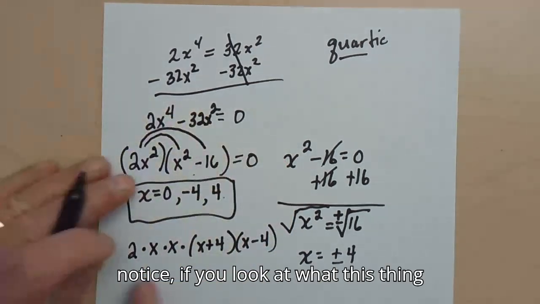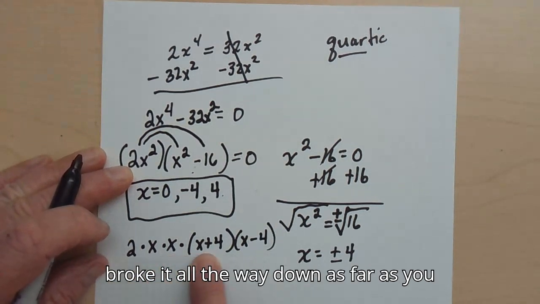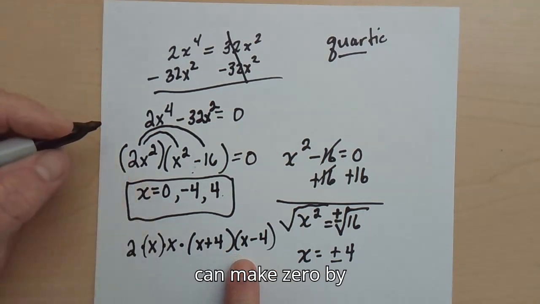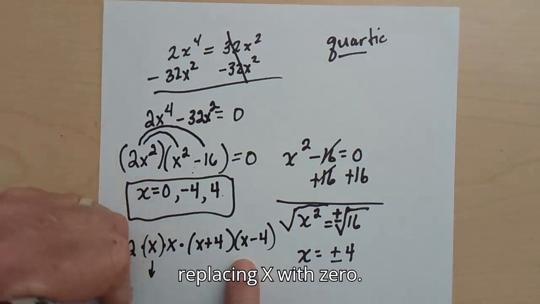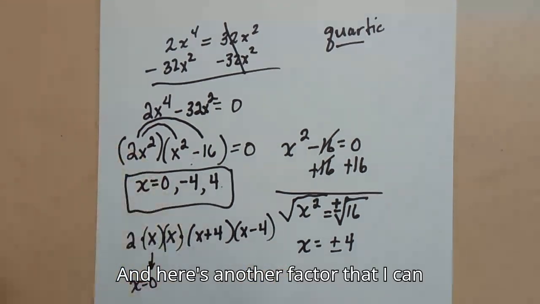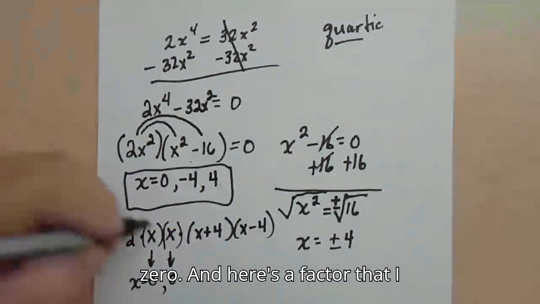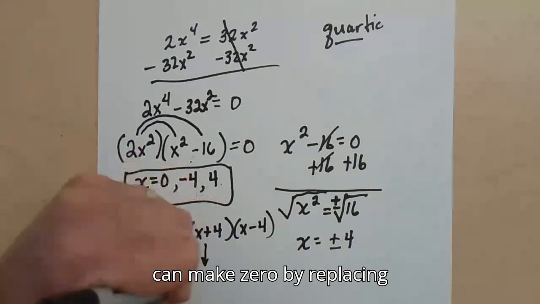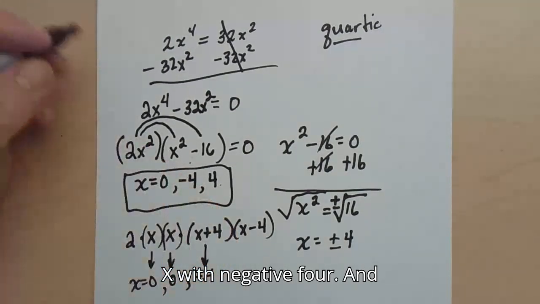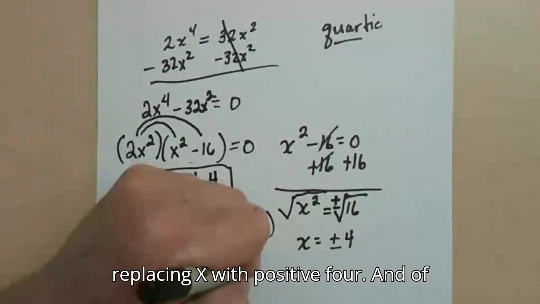So notice, if you look at what this would look like if you broke it all the way down, here's a factor that I can make 0 by replacing x with 0. And here's another factor that I can make 0 by replacing x with 0. And here's a factor that I can make 0 by replacing x with negative 4. And here's a factor I can make 0 by replacing x with positive 4.